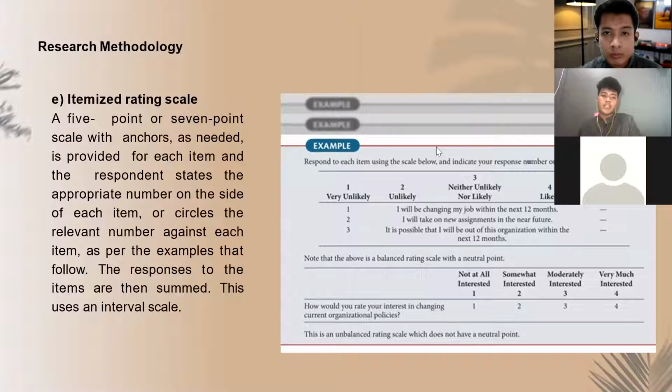This shows an interval scale. So this is the example: the first is very unlikely until 5 very likely, and the next is a balanced rating scale with interest, from not at all interested until very much interested.